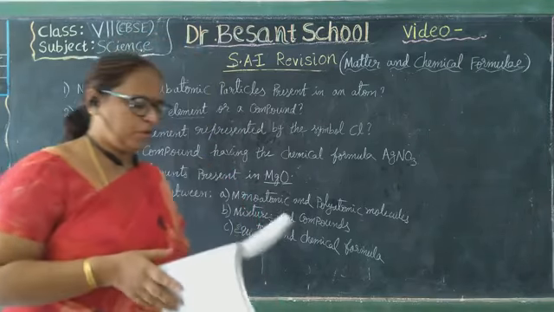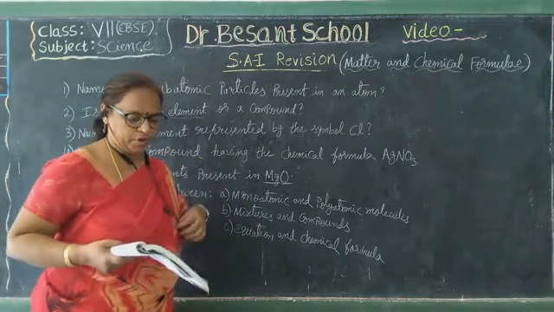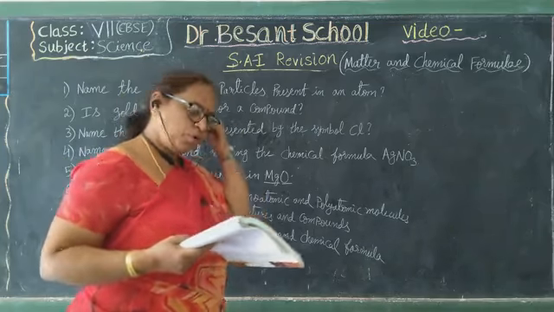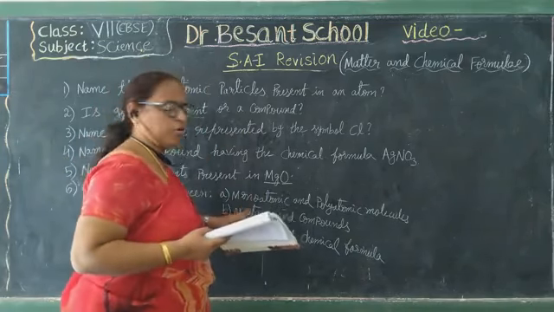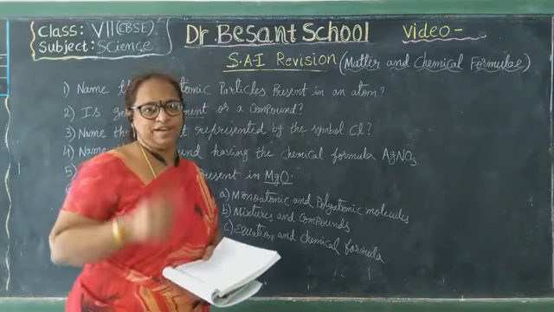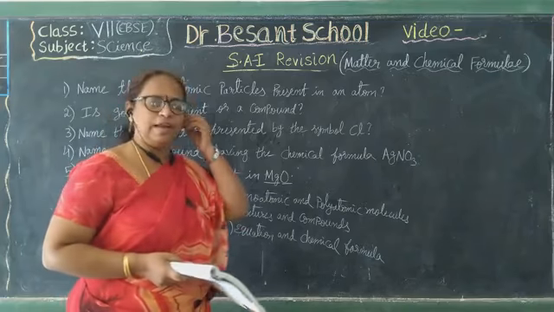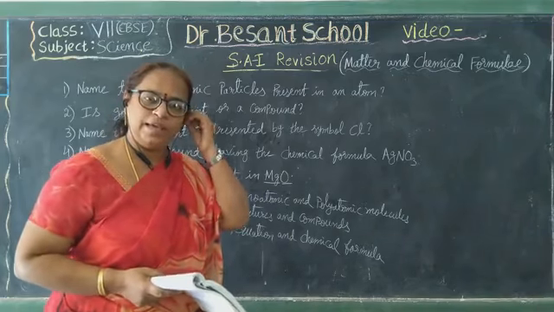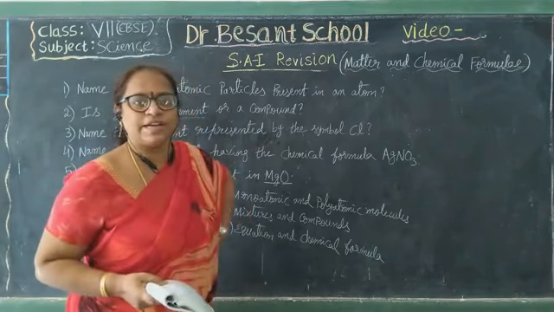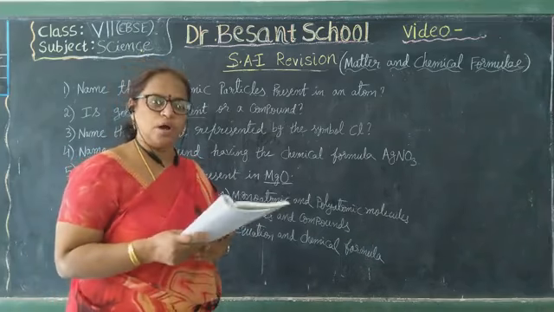First one is monoatomic and polyatomic molecules. Mono means single, so monoatomic molecules contain only one atom. Poly means many, so polyatomic molecules consist of many atoms, two or more atoms.